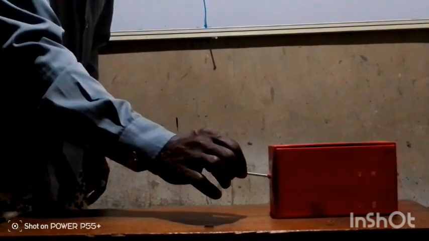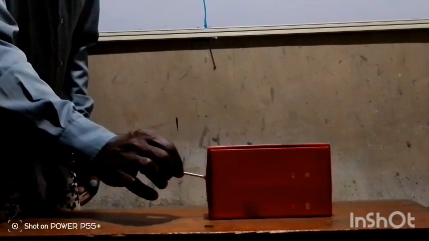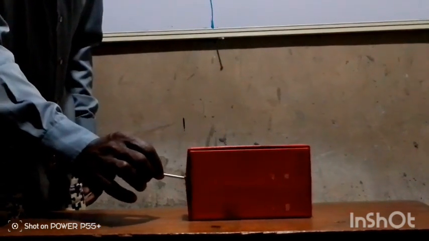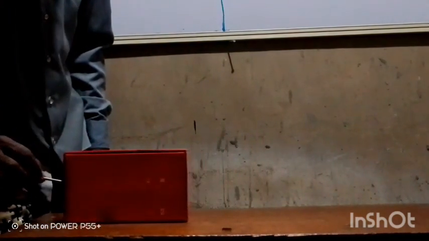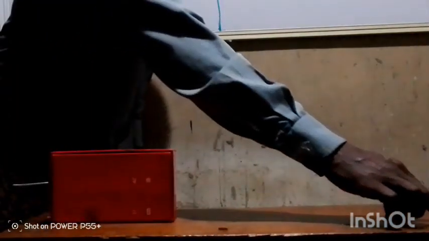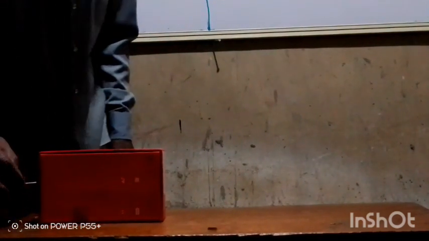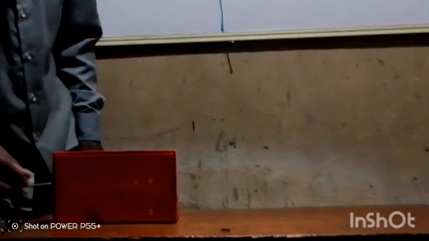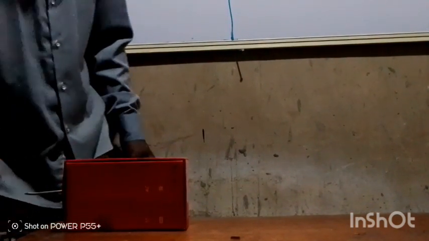Moving like this, as it's moving, it means work is being done, moving in the direction of the force. As it's moved from here to here, that's displacement. The force is applied in this direction, so it means work has been done.